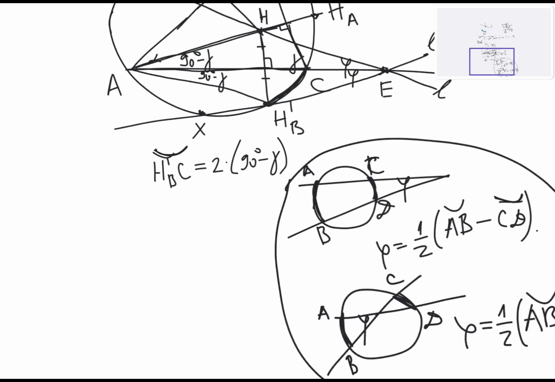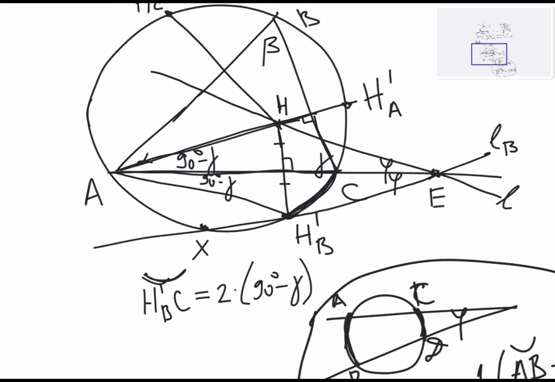So here we have this angle phi that cuts two arcs H prime C and AX from the circle. Let me highlight these two arcs, this arc and this arc.